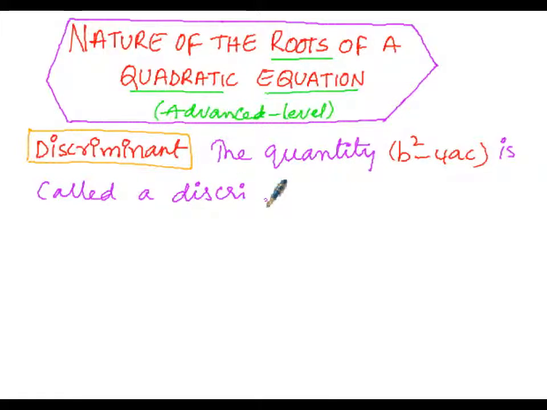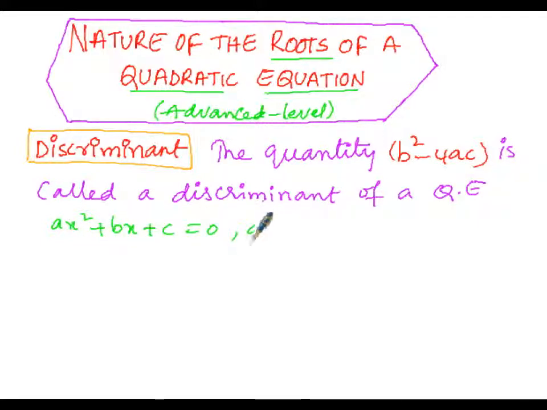So b square minus 4ac is nothing but the discriminant of a quadratic equation, that is ax square plus bx plus c equals 0, where a is not equal to 0 and b and c are real constants, that is, b and c belong to the real numbers.